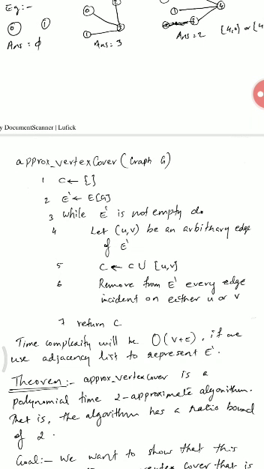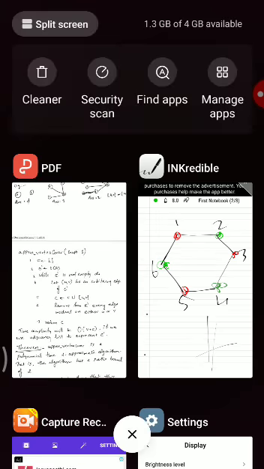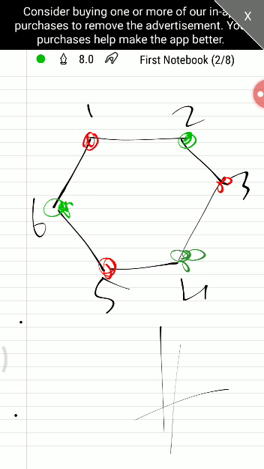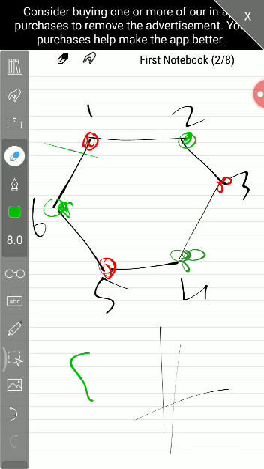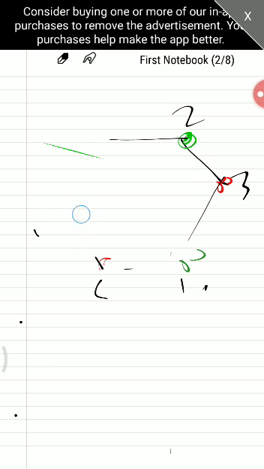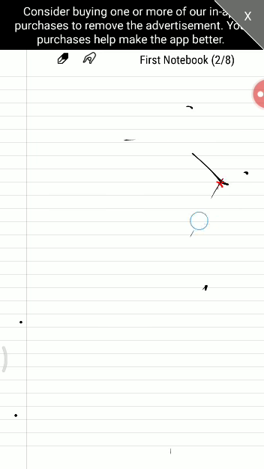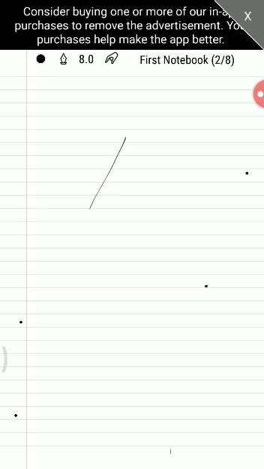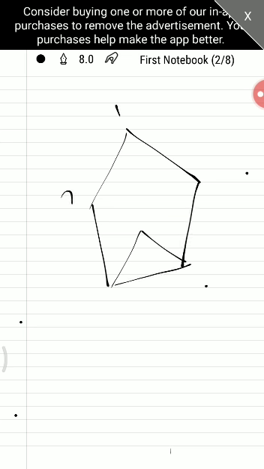Let us trace this algorithm. Let us consider this graph and draw it: 1, 2, 3, 4, 5, and 6.